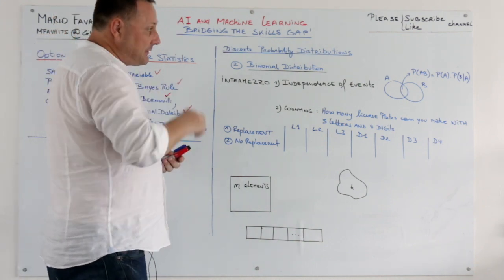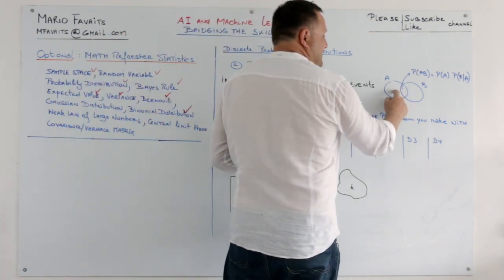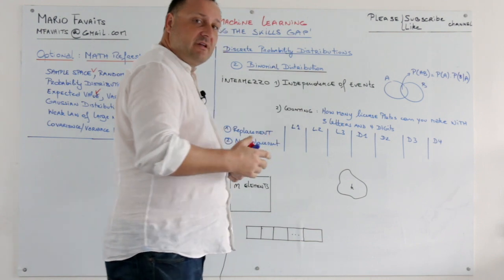Now, independence of events. We've seen this when we were deriving the Bayes rule.